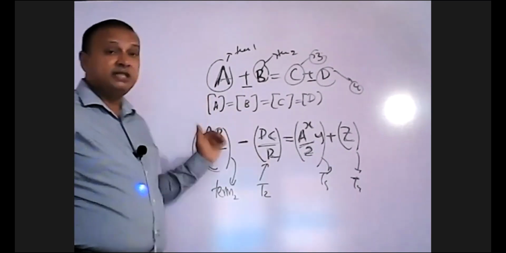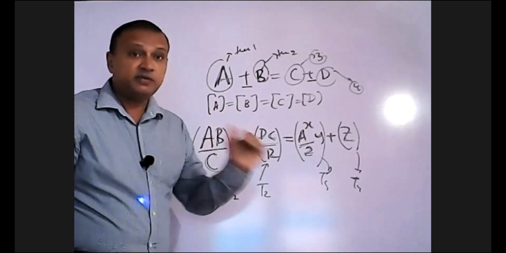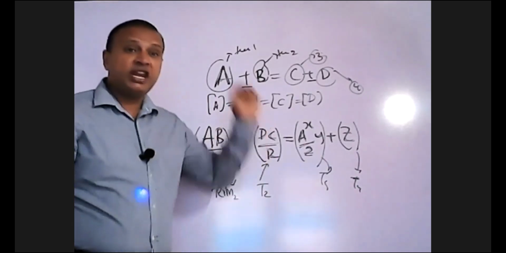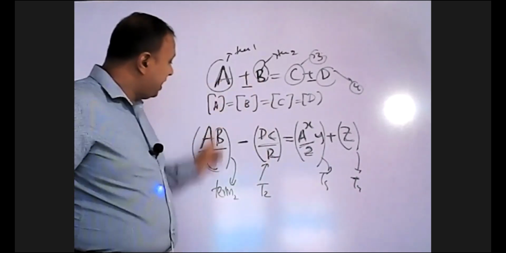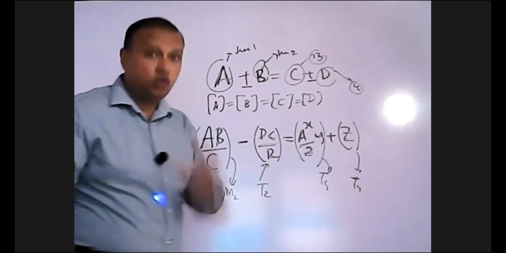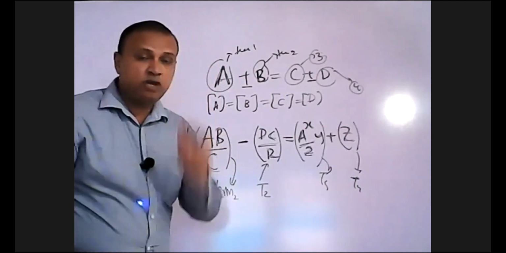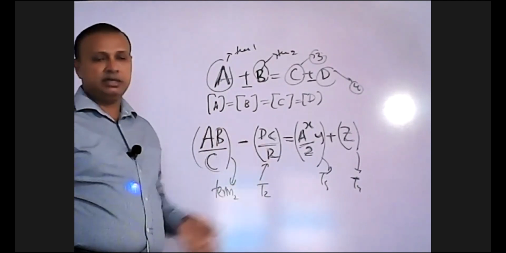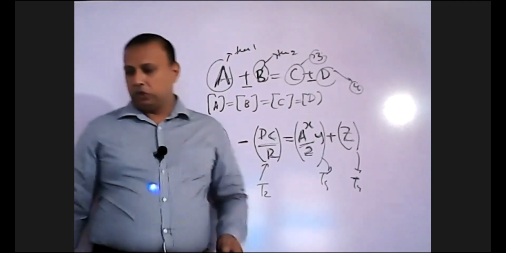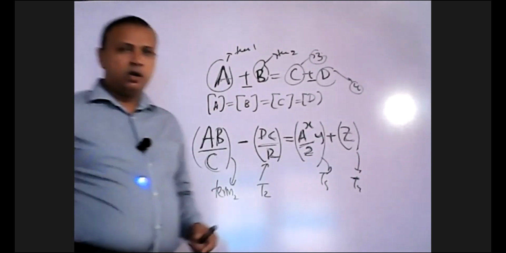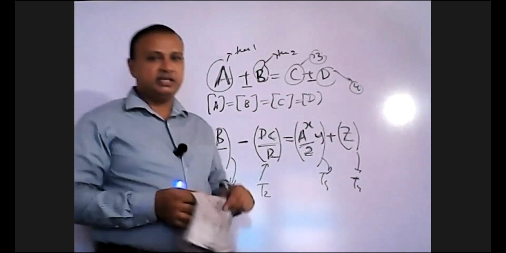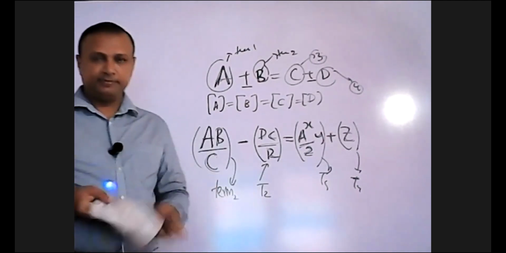So what is my first factor to be considered during this analysis? Each and every term in an equation should have the same dimension. That is the first factor. Now, what was the second factor? Tell me.